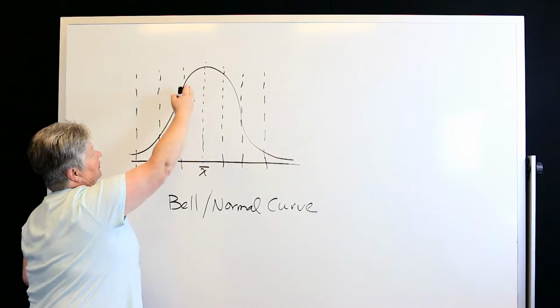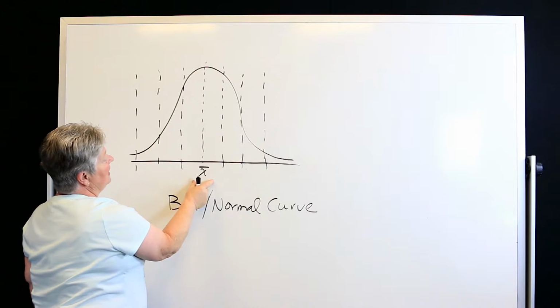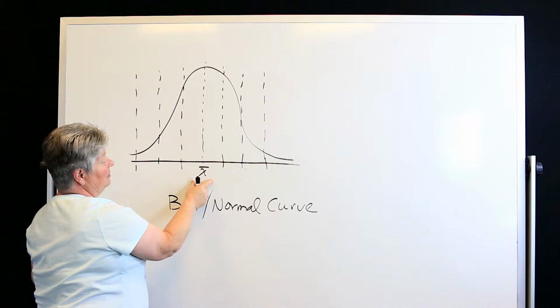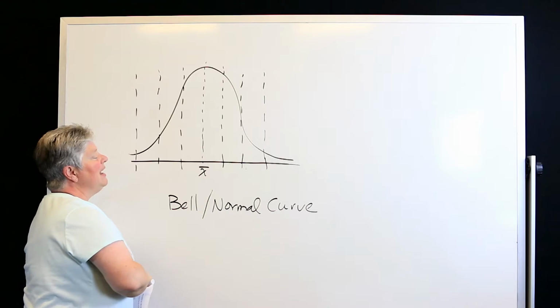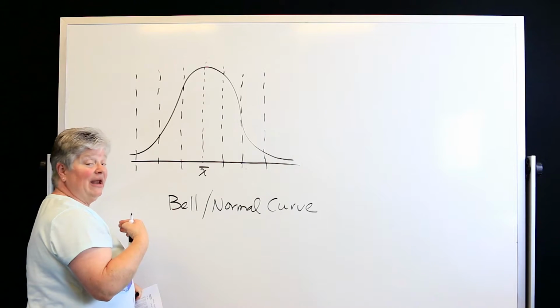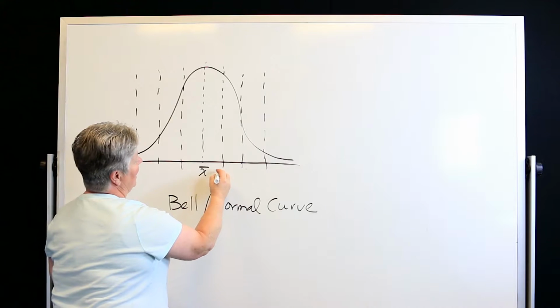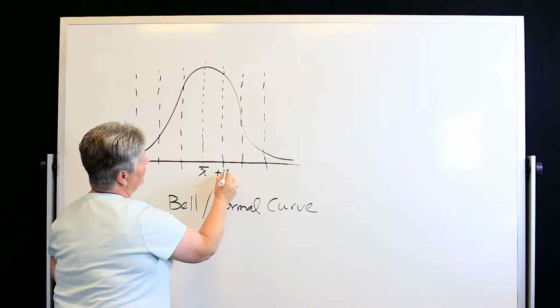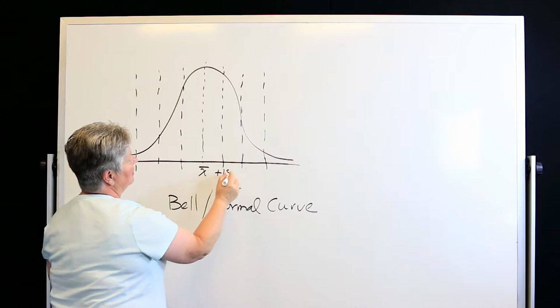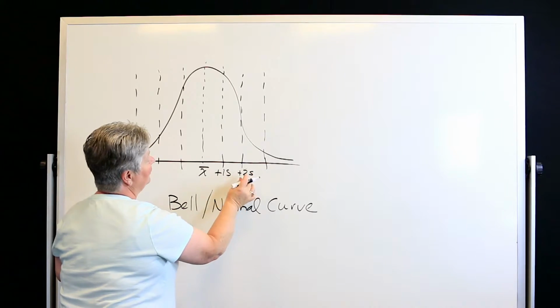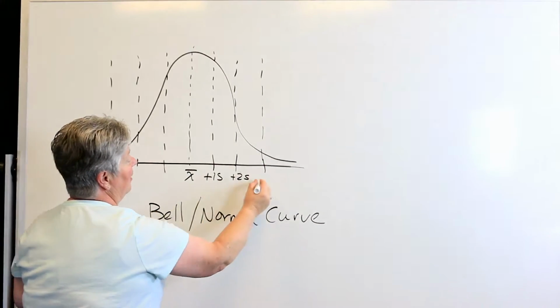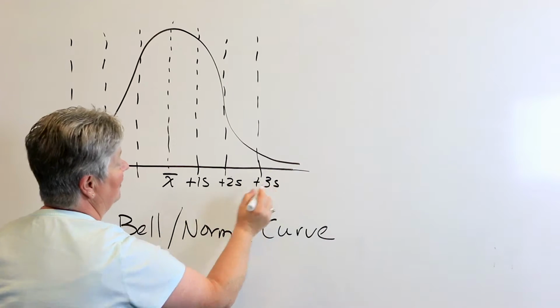The way this works is that our mean is our central value. We're going to use that. And then for our data, we're going to add one standard deviation to this mean. We're going to add another standard deviation to this mean, and we're going to add a third standard deviation to this mean.